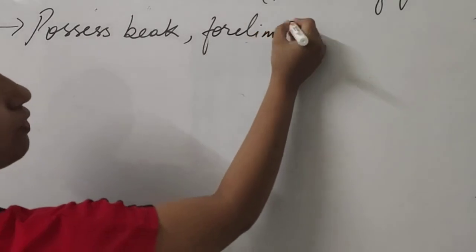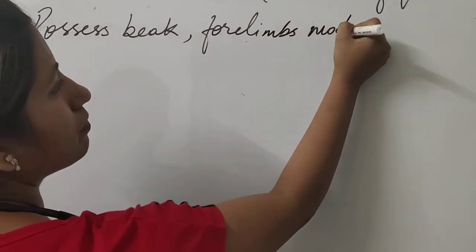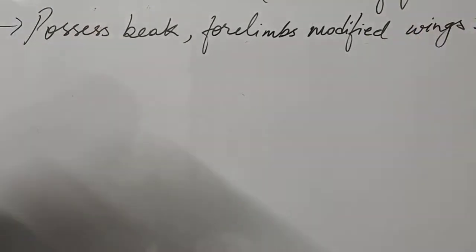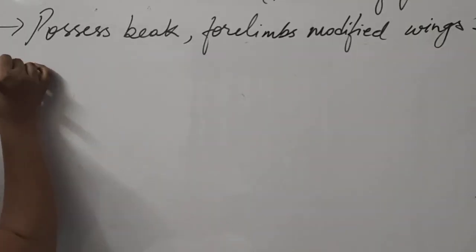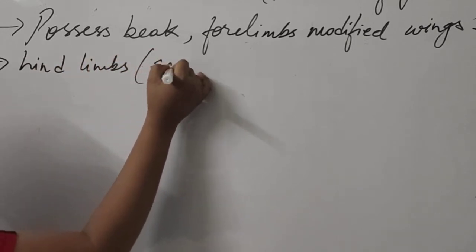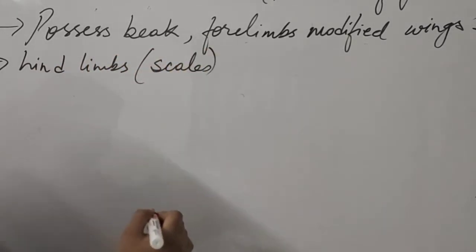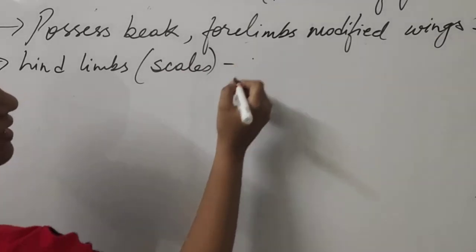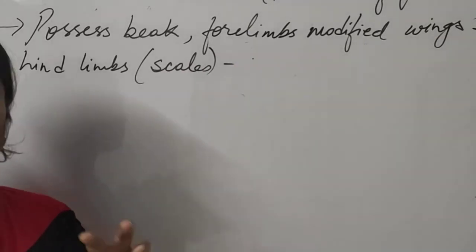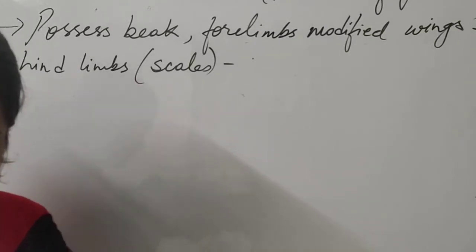Okay. Forelimbs modified into wings to fly, whereas hind limbs are covered with scales for walking, swimming. Okay. So hind limbs are used for walking, swimming, and to grasp the branch of the tree. Alright.